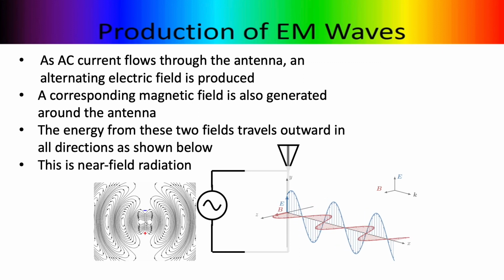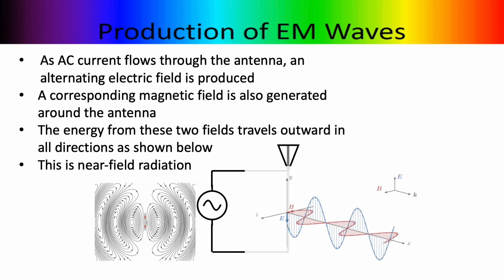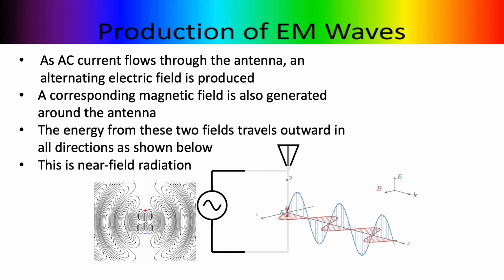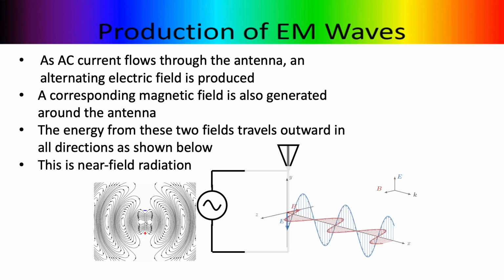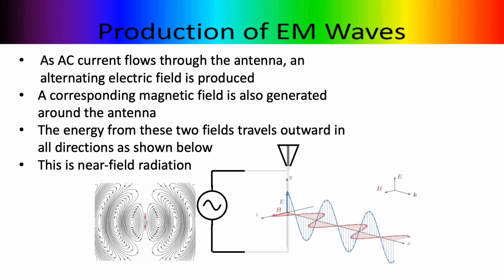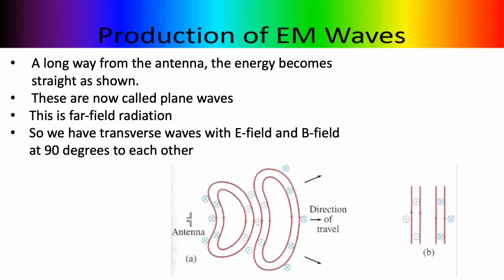The energy from these two fields leaves the antenna and travels outward in all directions. This is called near-field radiation. At a long distance from the antenna, the energy will tend to straighten, giving rise to plane waves. So we have transverse waves with the electric field and magnetic field at 90-degree angles to each other and to the direction of the wave's velocity.